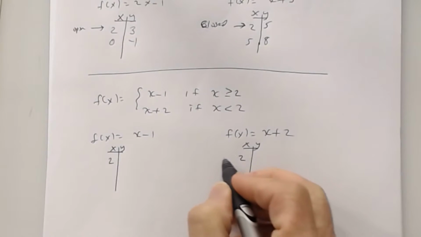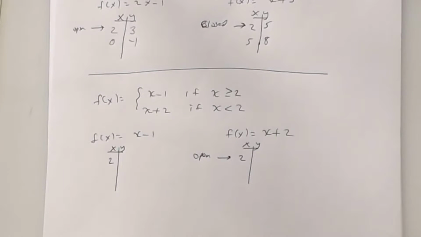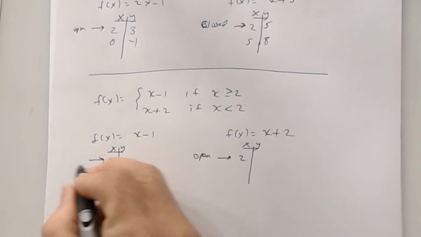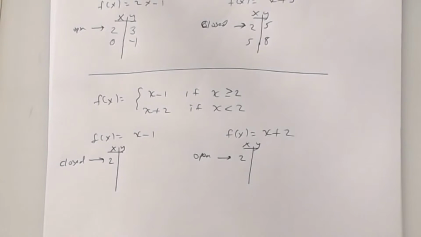So when I plot this point, it's going to be an open circle. No equal sign means open. And this is going to be closed, because remember, 2 is not part of the domain for that bottom one, because it says x is strictly less than 2. So if there's no equal sign, open circle.